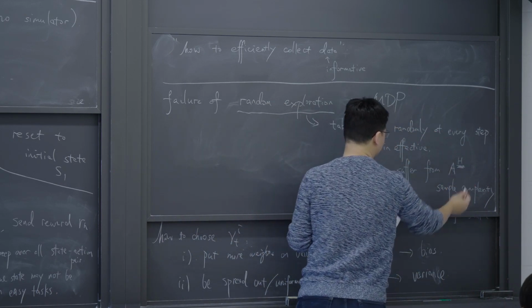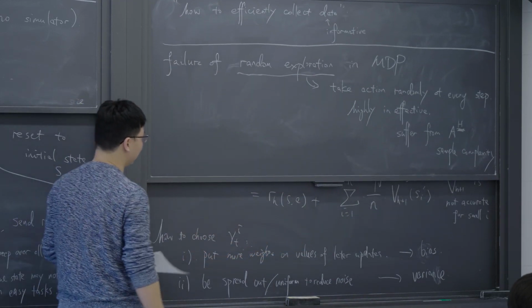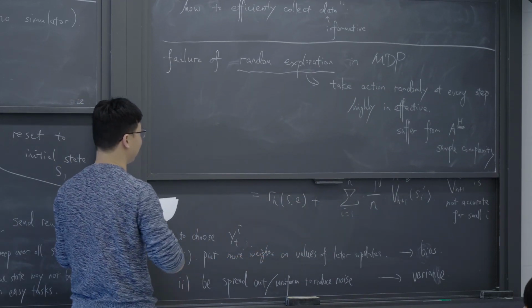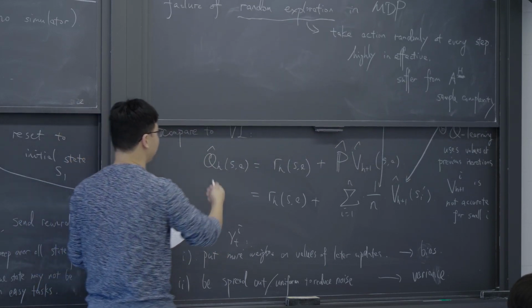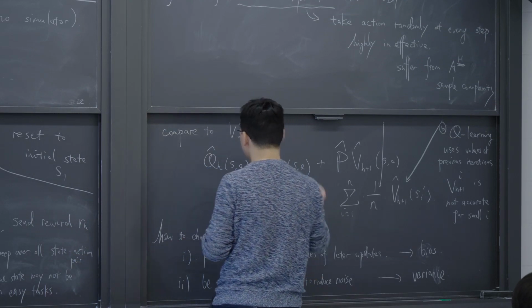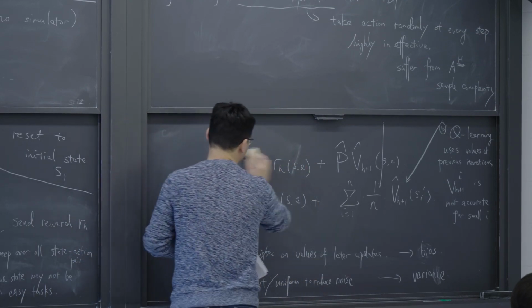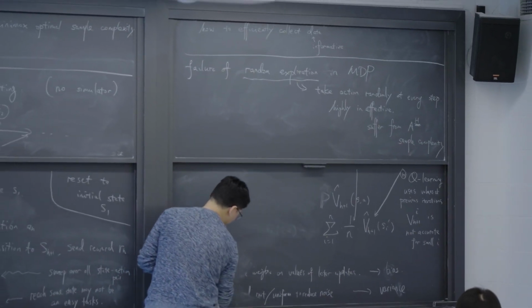So for anything that has a long horizon, like for example 20, this entire method is really screwed. You cannot use this way to collect data very effectively. So we'll talk about why this is true. We construct a hard instance to show that for this instance, this algorithm is very bad.